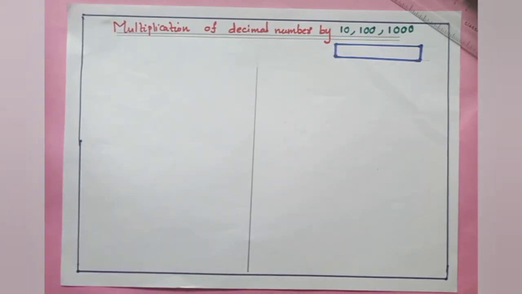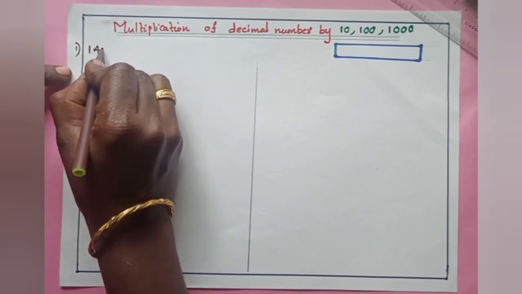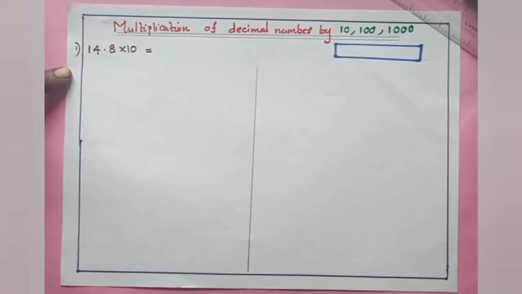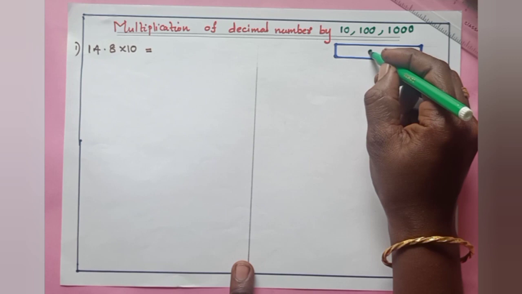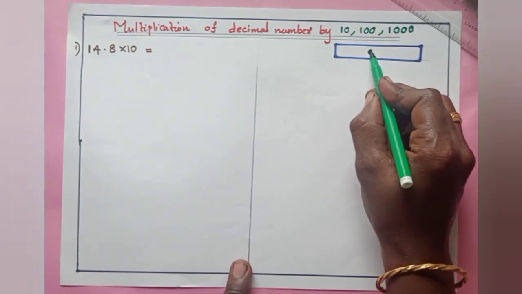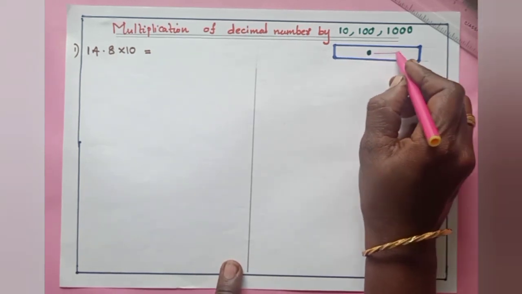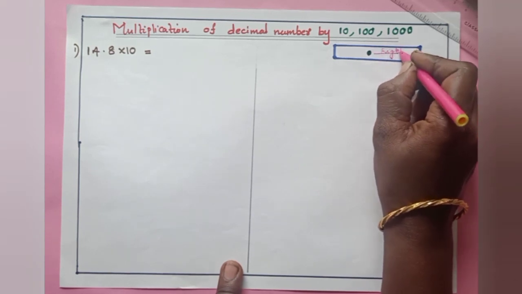Next is multiplication of a decimal number by 10, 100 and 1000. Listen to the first question. 14.8 into 10. Listen, this is the decimal point. The portion after the decimal point is the right portion.